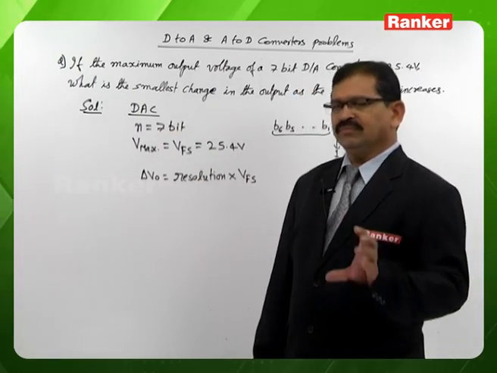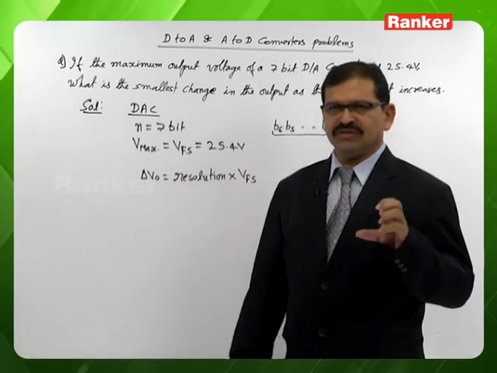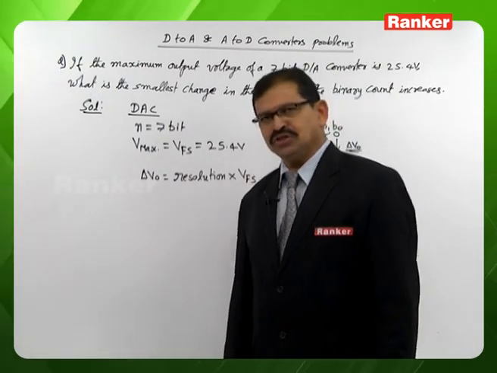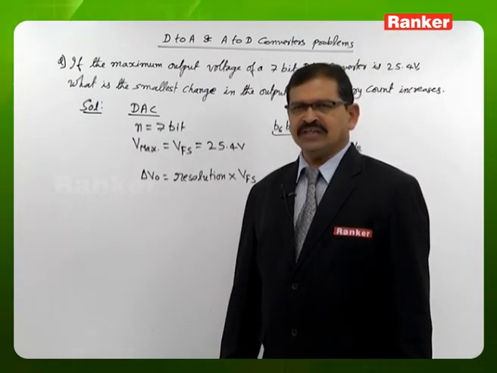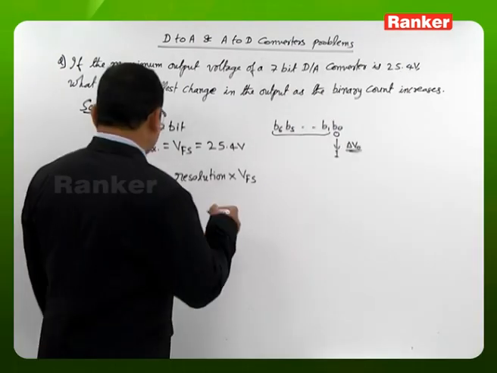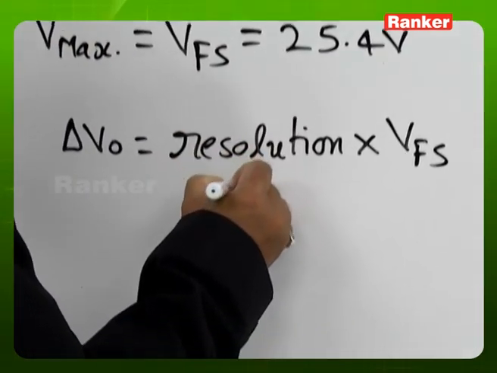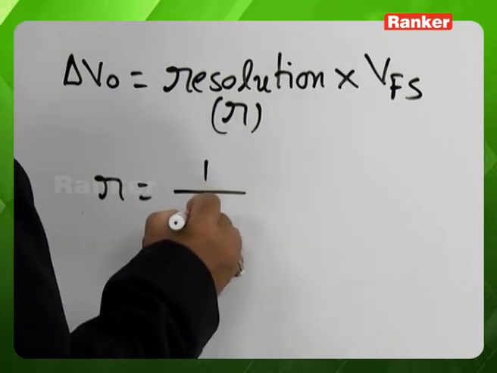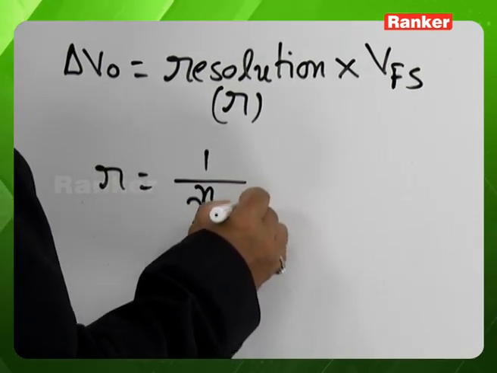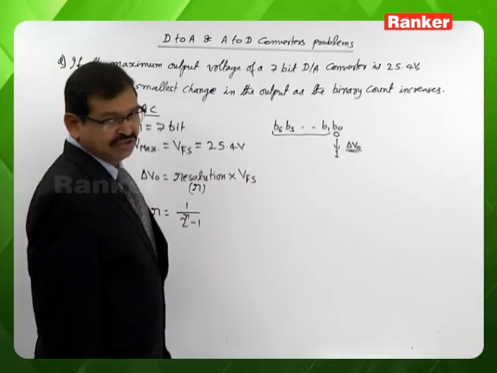So basically, we are talking conventionally about the definition. Resolution is the smallest possible change in the output as and when there is a change in the LSB bit at the input. We can have the resolution as 1 upon 2 to the power of n minus 1. It is a fraction.